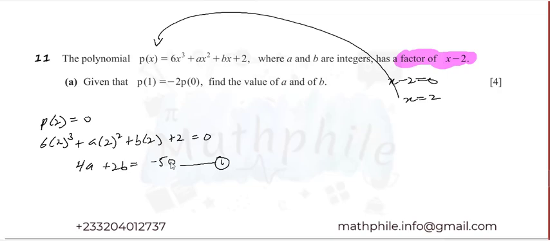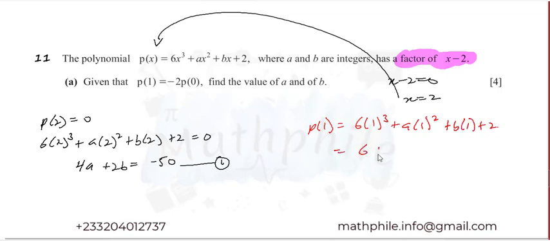Okay, so the next one is to find p of 1 and equate it to negative 2 p of 0. So p of 1 in this case will be wherever you see x, you put 1 over there. So there's 6 of 1 cubed plus a of 1 squared plus b of 1 plus 2.